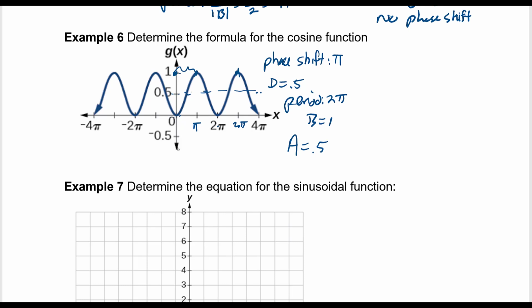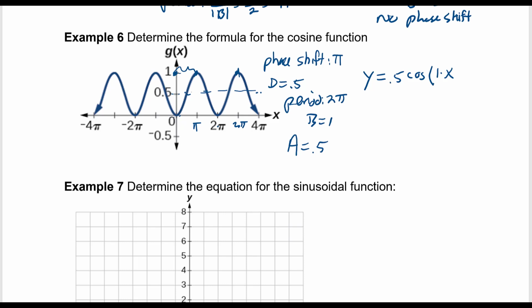Now I'm going to be honest, you could probably find multiple ways to represent this one, but here's how I'm going to represent this. I see this as y equals 0.5 as our amplitude times, now I'm not going to do the parenthesis yet, cosine of b, which is 1, times x, so 1 times x minus c.